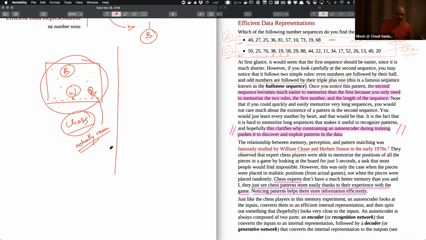But if you look at expert chess players who've been playing it like a profession, if they look at a board, they can very systematically re-articulate the same exact board in a fairly quick amount of time compared to the time it will take me to remember every single piece on the board.